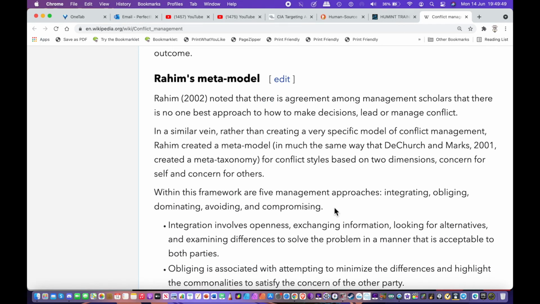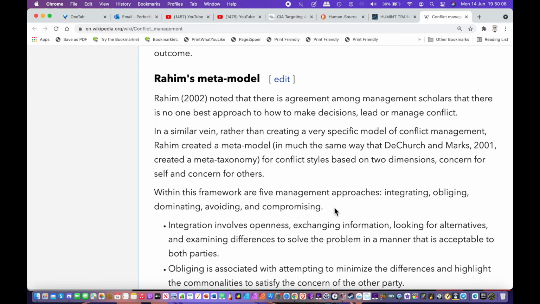Rahim's meta model. Rahim, 2002, noted that there is agreement among management scholars that there is no one best approach to how to make decisions, lead, or manage conflict.